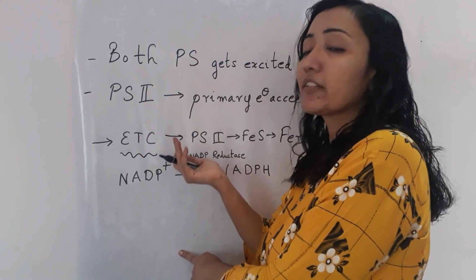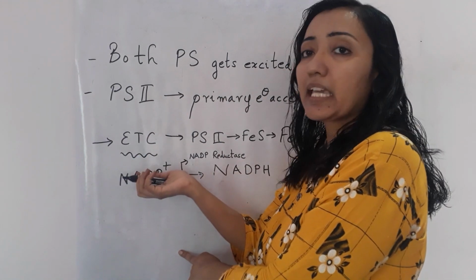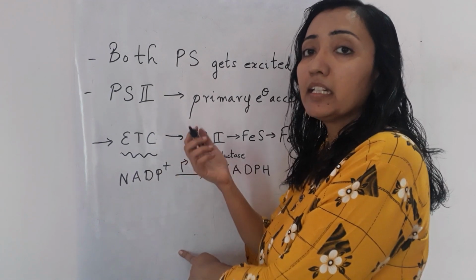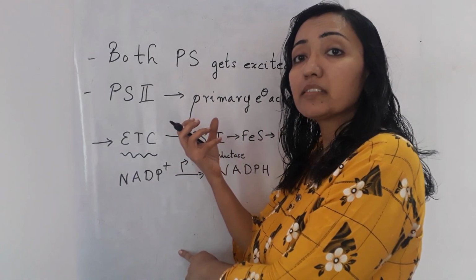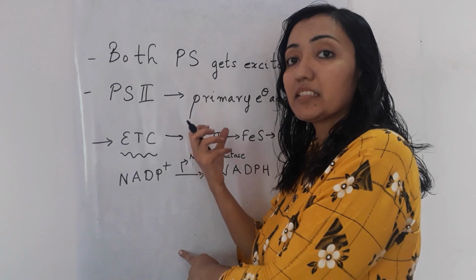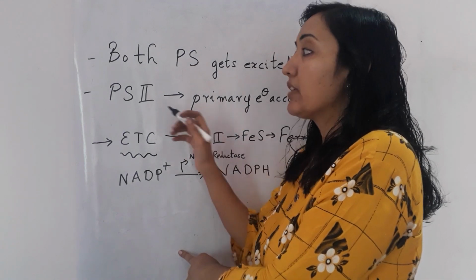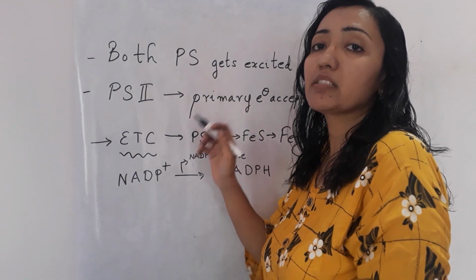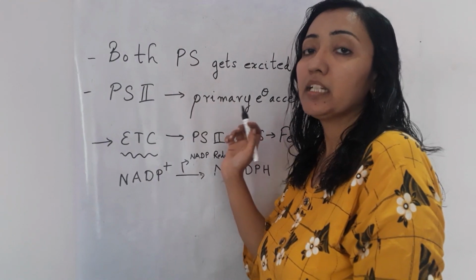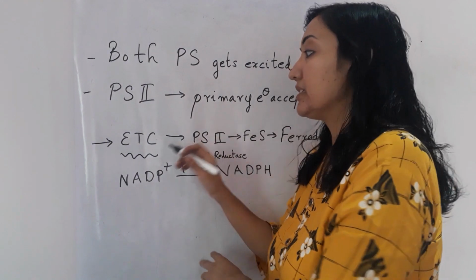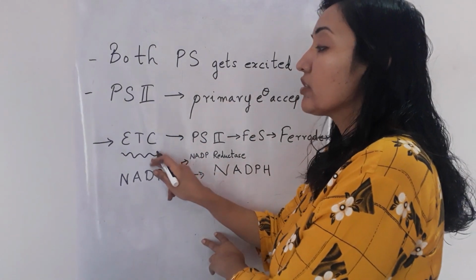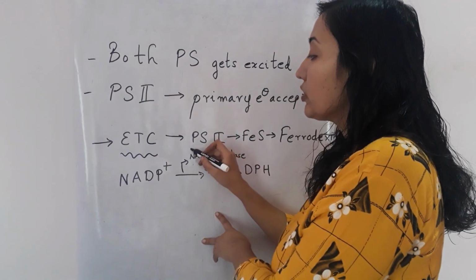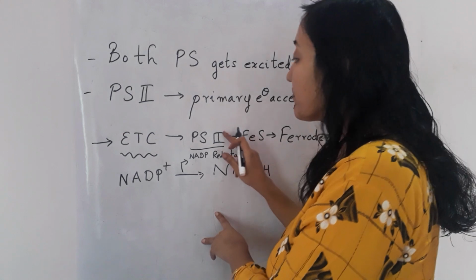Because whenever the electron passes from one carrier to another electron carrier, the energy always decreases. From the electron transport chain, the electron moves to photosystem 1.